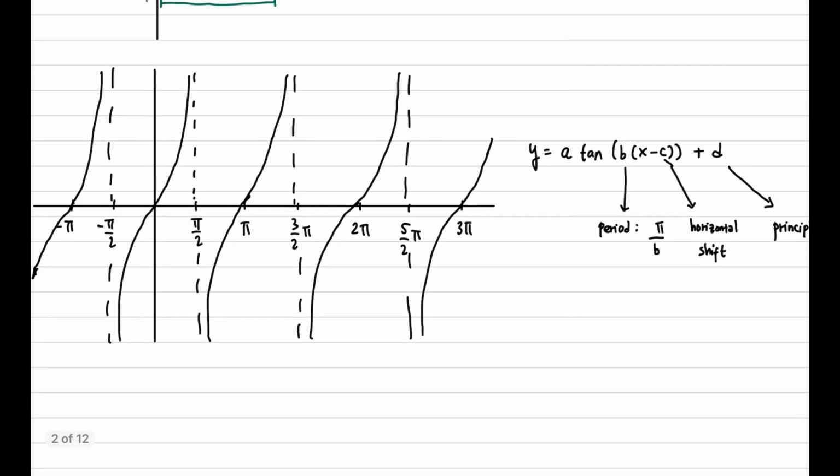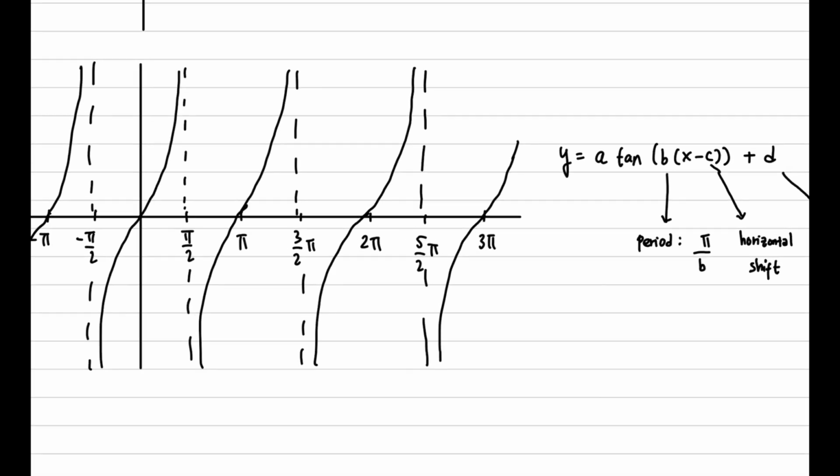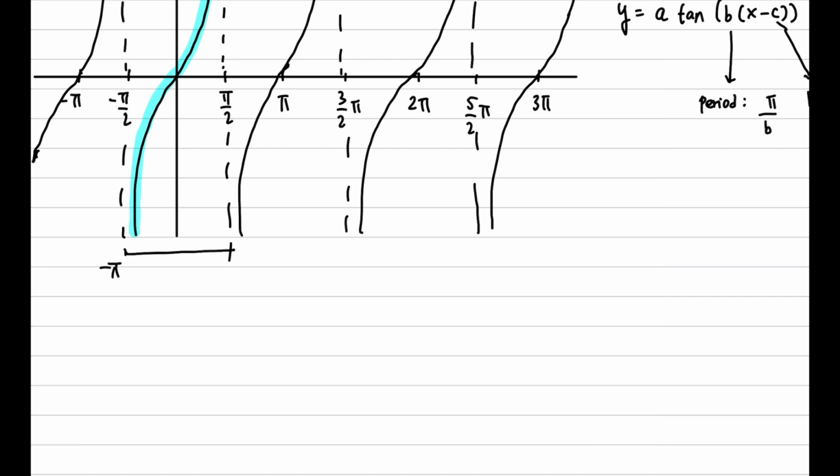The last one, and a little bit different, is tangent. In the tangent, the graph shape will be different. If you see, one wave of tangent is not one hill, one valley, but one of this thingy. This is one wave, or we say one period for tangent, from minus pi over 2 until pi over 2.